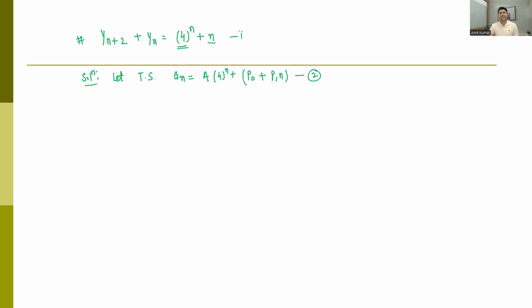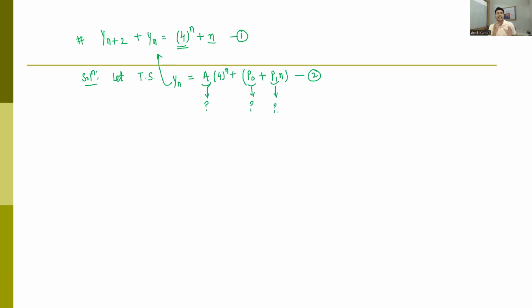Now what next? We are supposed to put this trial solution into the given equation, and then simplify in such a manner that we will obtain the undetermined coefficients. So what is undetermined over here? We are supposed to find A, P0, and P1. When we substitute these values in the given equation, the simplification should be as per your right-hand side.